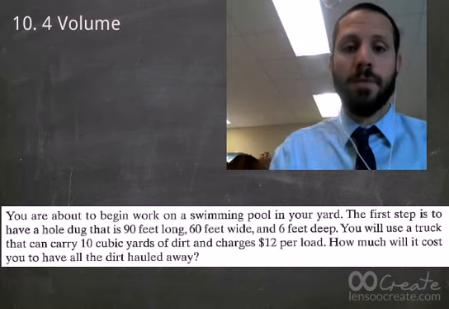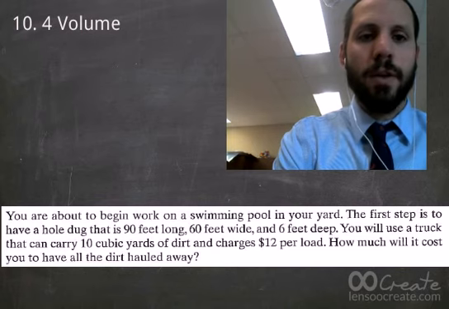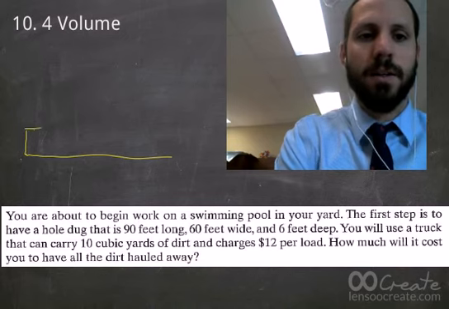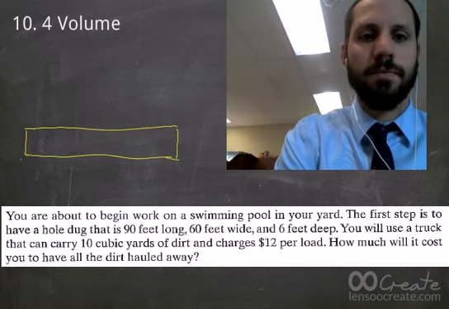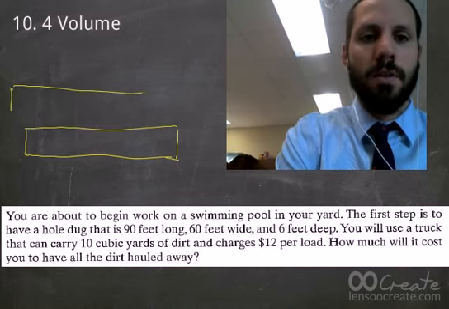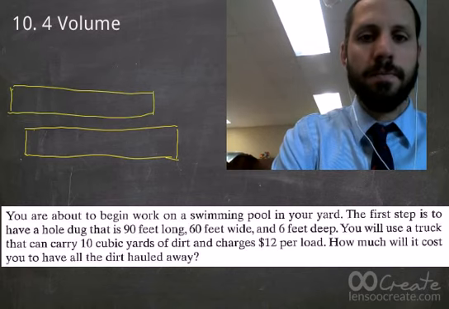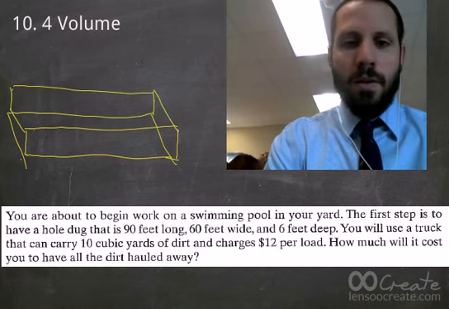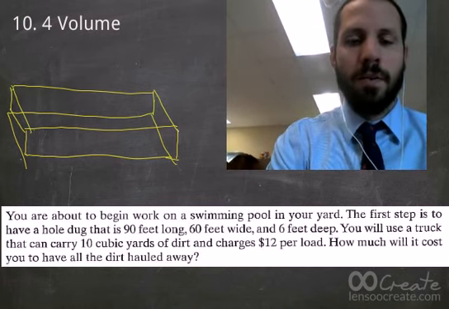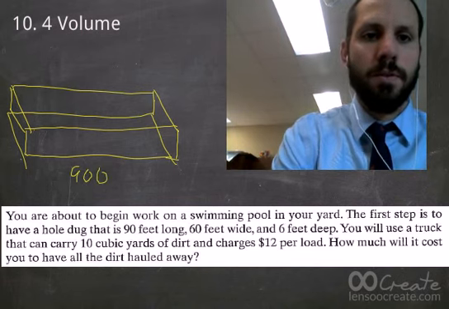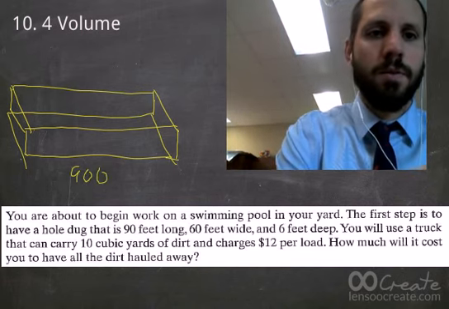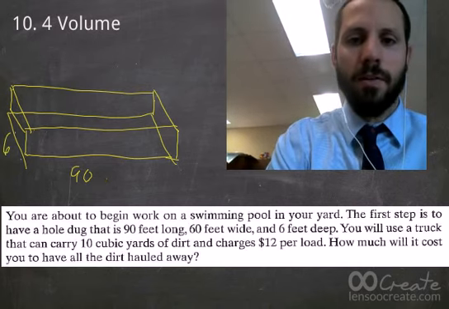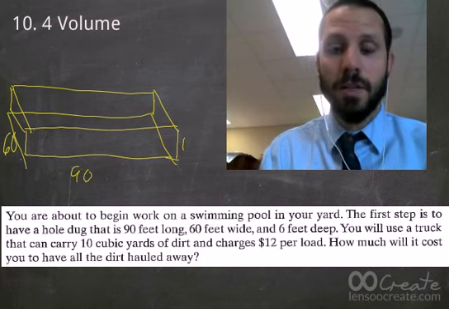I think our first move is going to be draw a picture. We've got to have a hole dug for our pool. It's going to be rectangular. And let's put some dimensions in here. "90 feet long, 60 feet wide, and 6 feet deep."